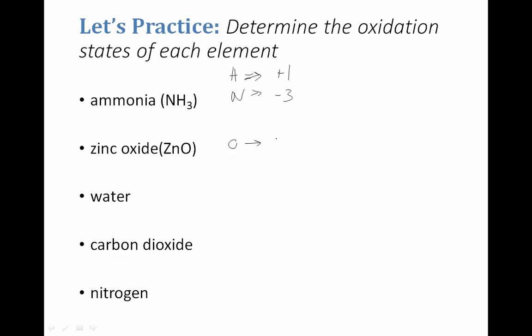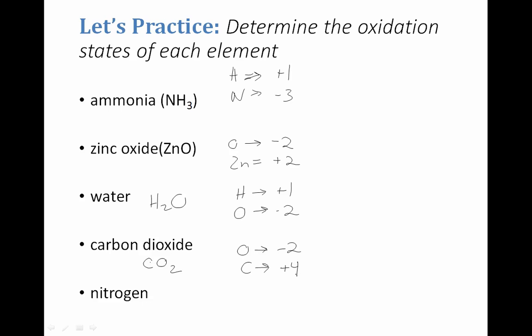Oxygen, negative 2, that means zinc has to be plus 2. Water, H2O. Hydrogen, plus 1. Oxygen, negative 2. Carbon dioxide, CO2. Oxygen, negative 2. Carbon, what was it? Plus 4.